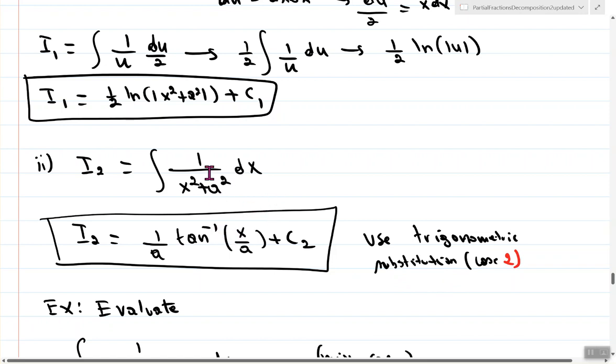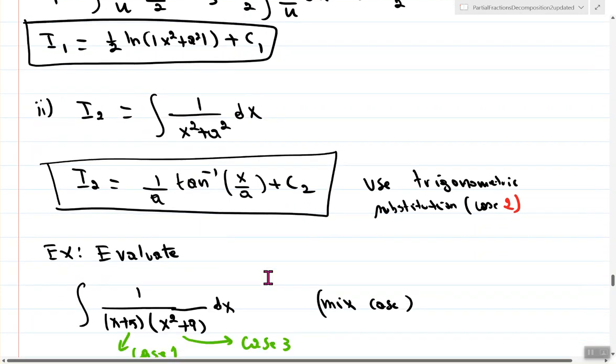When you plug this in, your final answer is going to be 1 over a times arctangent of x over a plus a constant of integration. All you need to do is, when you see this, the answer is that. You don't need to do it again using the trigonometric substitution.